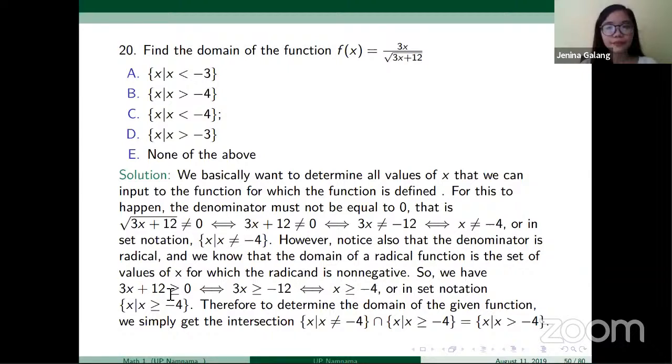So we have 3x plus 12 is greater than or equal to 0. So transpose ulit yung -12, we have x is greater than or equal to -4. So kapag pinagsama natin yung restrictions natin, we will have x is greater than -4.